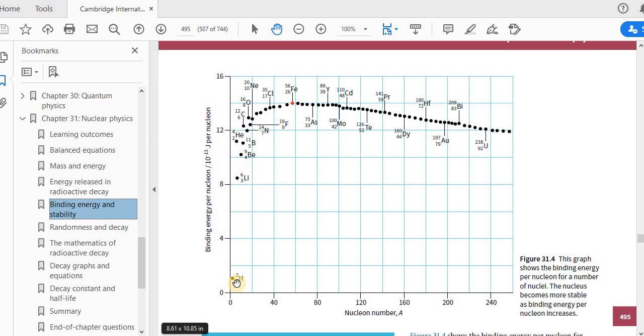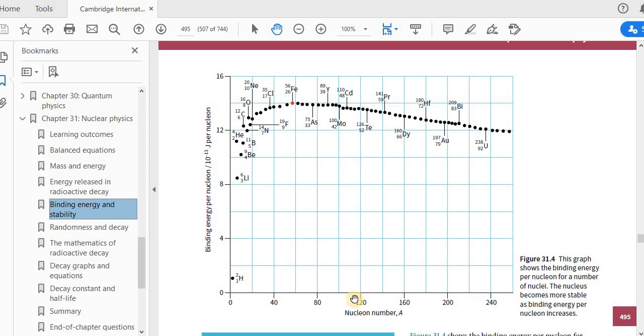Something that you can observe here is that iron has the highest binding energy per nucleon. After that it decreases. This side also it decreases. If you go this way it decreases, if you go this way it decreases. So iron has the highest binding energy, and the value decreases on both sides.